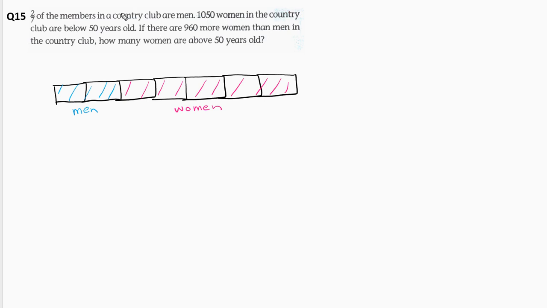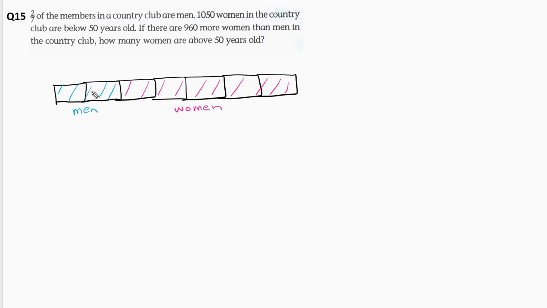And then what does it tell us? It tells us that 1,050 women in the country club are below 50. Well, we can't do anything with that just at the moment. But here it says if there are 960 more women than men, how many are above 50? So we have got a value for the difference between men and women.